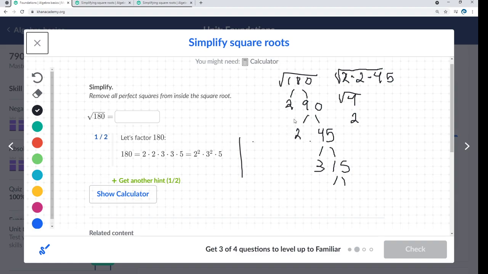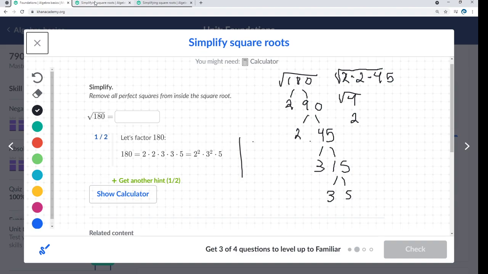So you just continue. So that becomes 3, and that becomes 5, and then it can't divide cleanly into itself. So that's how you end up with 2 times 2 times 3 times 3 times 5, which ends up as 2 to the second, 3 to the second, and then 5.